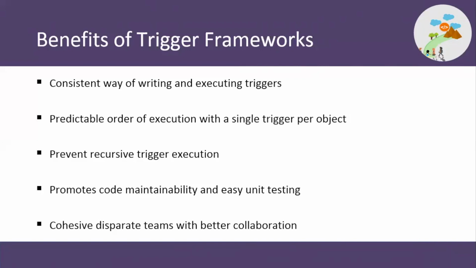it's more predictable, which means that if you have multiple pieces of logic, you can order them, and hopefully you can predict and have better control. Second thing, just like we added a flag for triggers being disabled, we can also add methods and flags for turning off the trigger when a recursion happens.